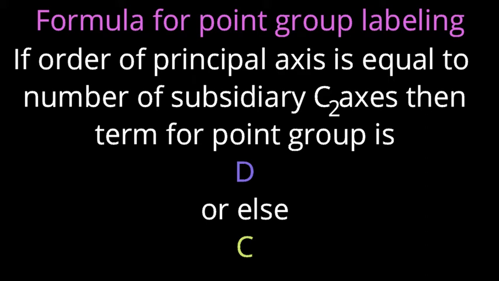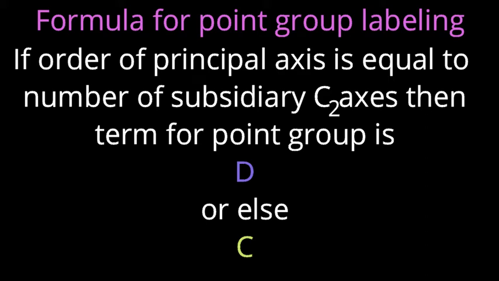So rule is, if order of the principal axis n is equal to number of subsidiary C2 axes, then point group type is dihedral, means capital D. Otherwise for time being remember capital C.